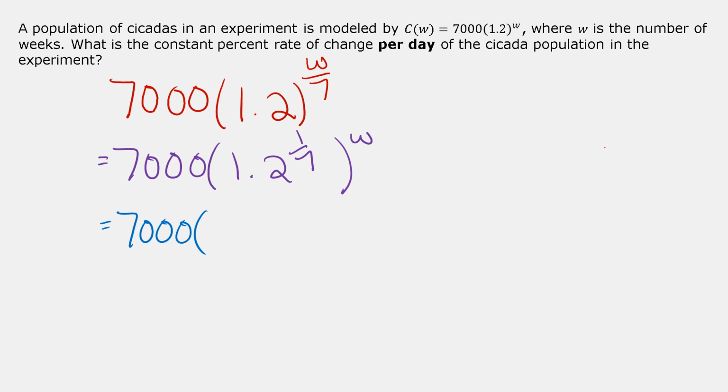What do we get? Round to the nearest thousandths. 3 places. To get 1.03, rounded to the nearest thousandths place. So give me 3 decimal places. 1.026. Okay.